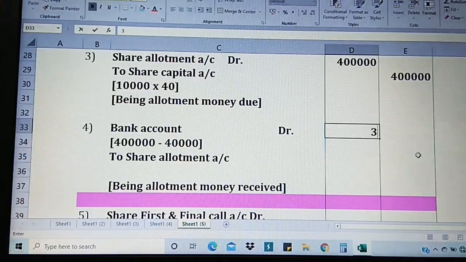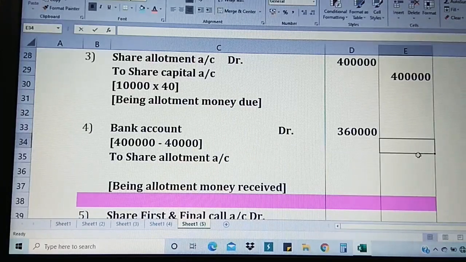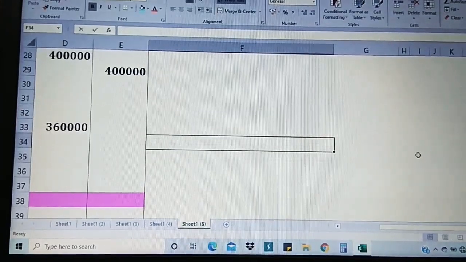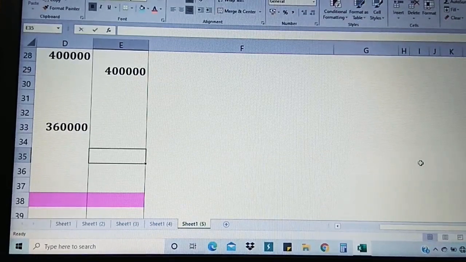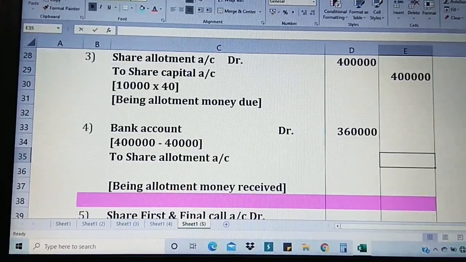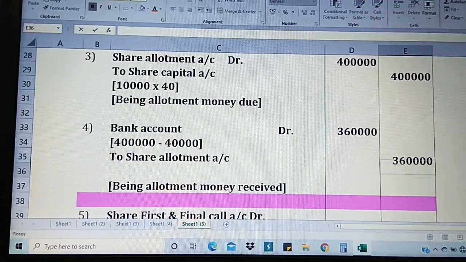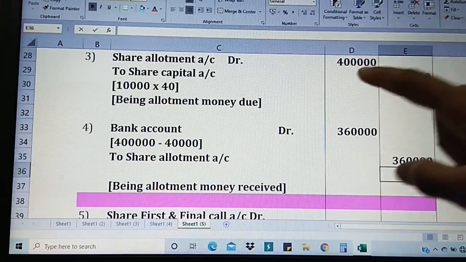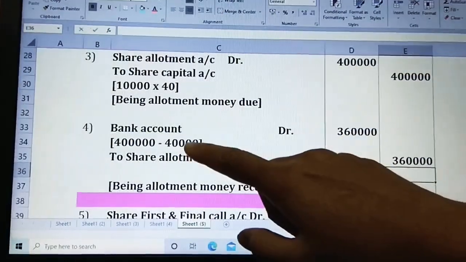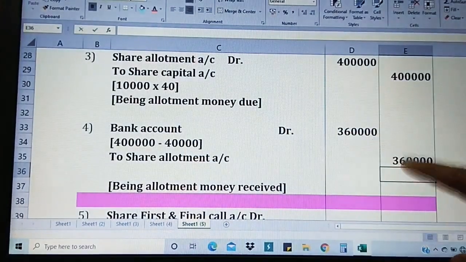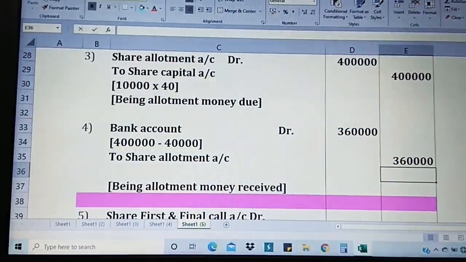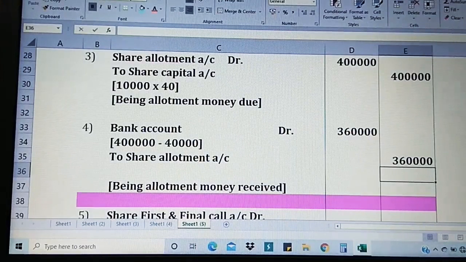So 4 lakh minus 40,000 is 3,60,000. Observe, out of 4 lakh, 40,000 was already adjusted. So the balance is what was received. Being allotment money received. This is the small different adjustment we have to notice.